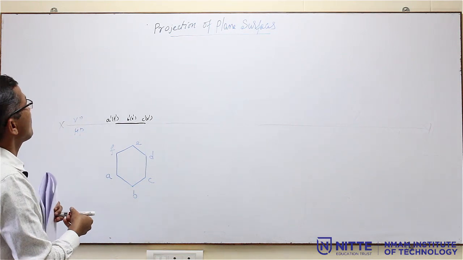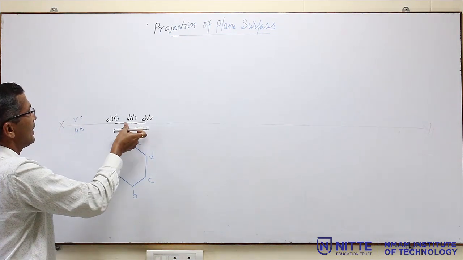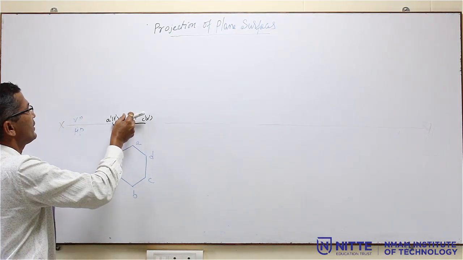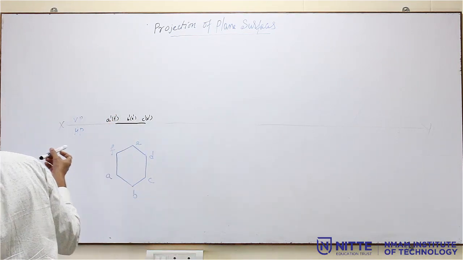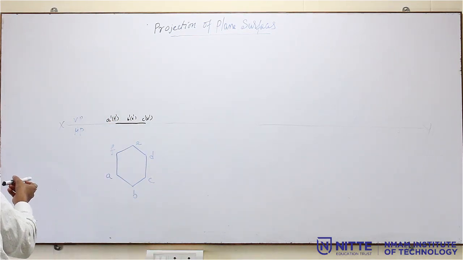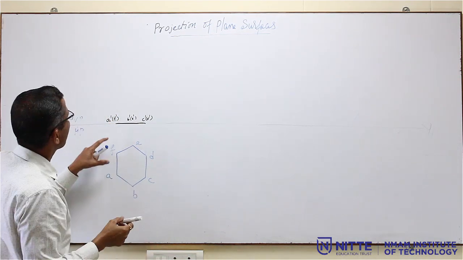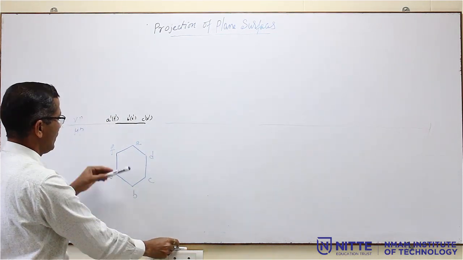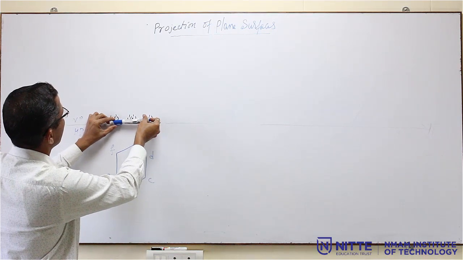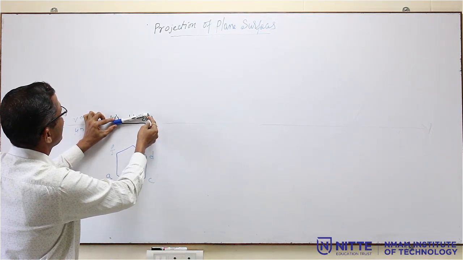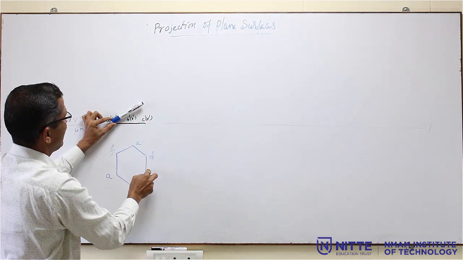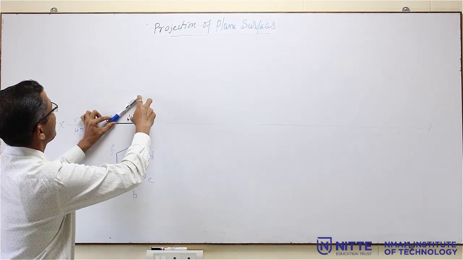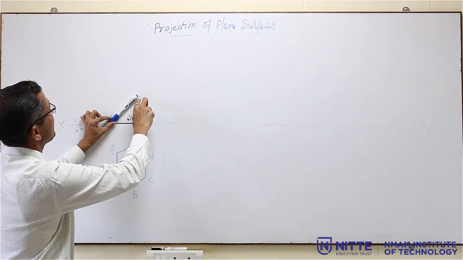What is the second step? Second step is the lamina is inclined to HP in such a way that it is resting on AF because AF is on the XY line now here like this, and I have to give the inclination in such a way that the opposite edge, this one, it should be 35 mm above HP.